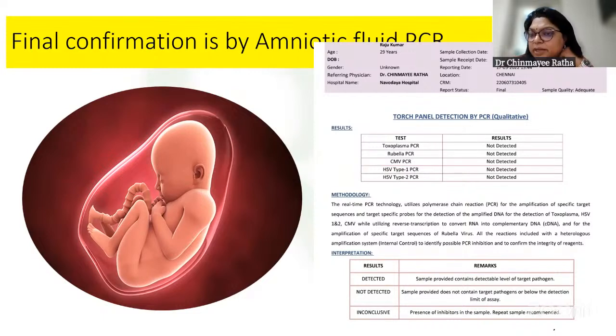We do it in cases where we suspect infections in the fetus. And primarily, there are some ultrasound markers which give us a hint that there might be a TORCH infection. And it's a good idea to do it there because then only will you know whether or not it was an intrauterine acquired infection.